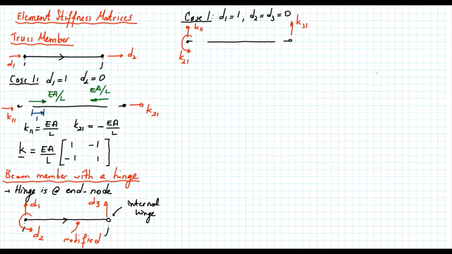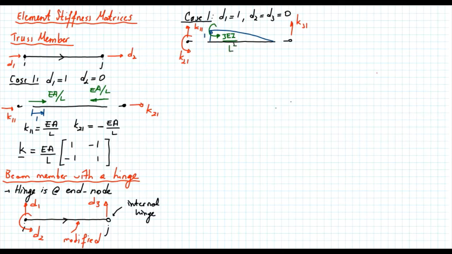Let's draw the deformed shape. A unit translation that's equal to 1. This end is free to rotate. And let's show the forces. Remember that this time we will be using the modified slope deflection equation. And in that case, for this given shape, the magnitude of that moment is 3EI over L square.